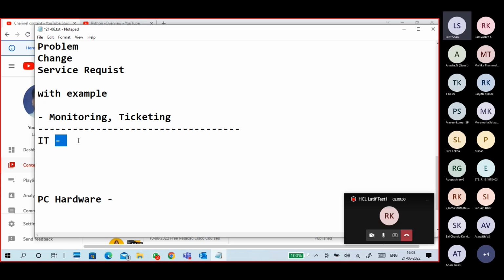We missed it. What is IT services? This is also a very important point we missed. Okay, so service desk is all about monitoring.